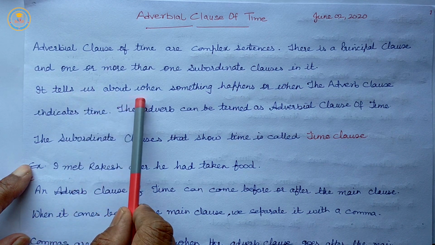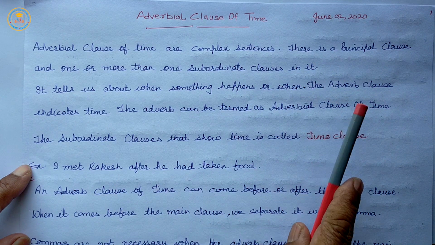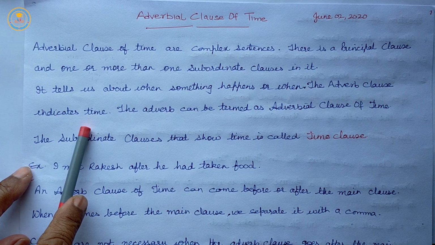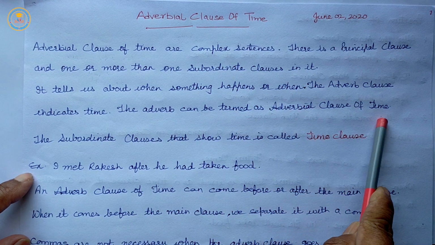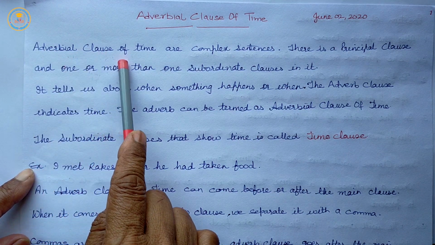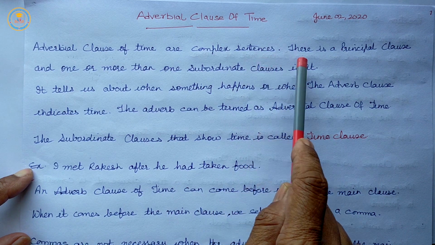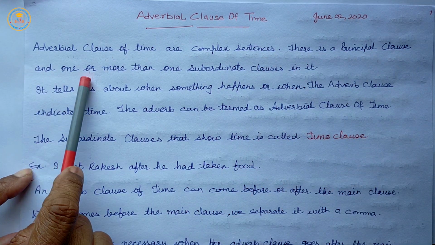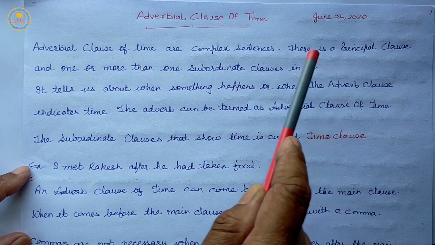It tells us about when something happens. The adverb clause indicates time. The adverb clause can be termed as adverbial clause of time. Listen, adverbial clauses of time are complex sentences. There is a principal clause and one or more than one subordinate clauses in it.